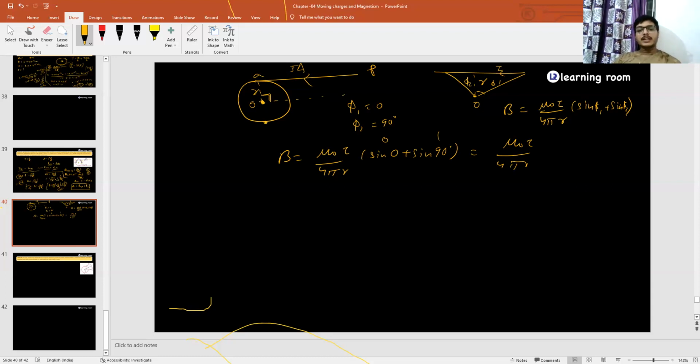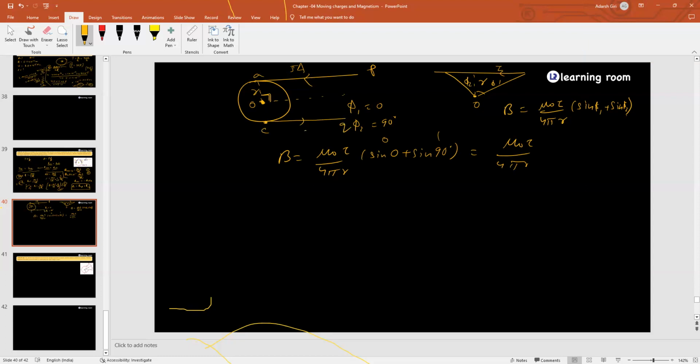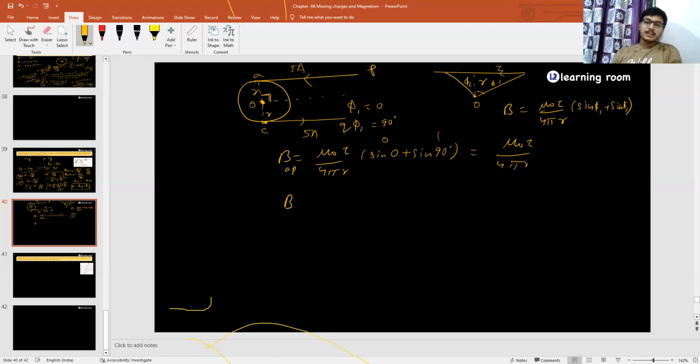And now tell me, what will be the magnetic field due to this length CQ in this direction? Inside or outside? Outside. Again outside. If you take it this way, palm facing upwards, point O, and thumb pointing again outside the screen. At the same radius R, with the same current, the magnetic field due to AP was this, and for CQ, I'll write the same thing.